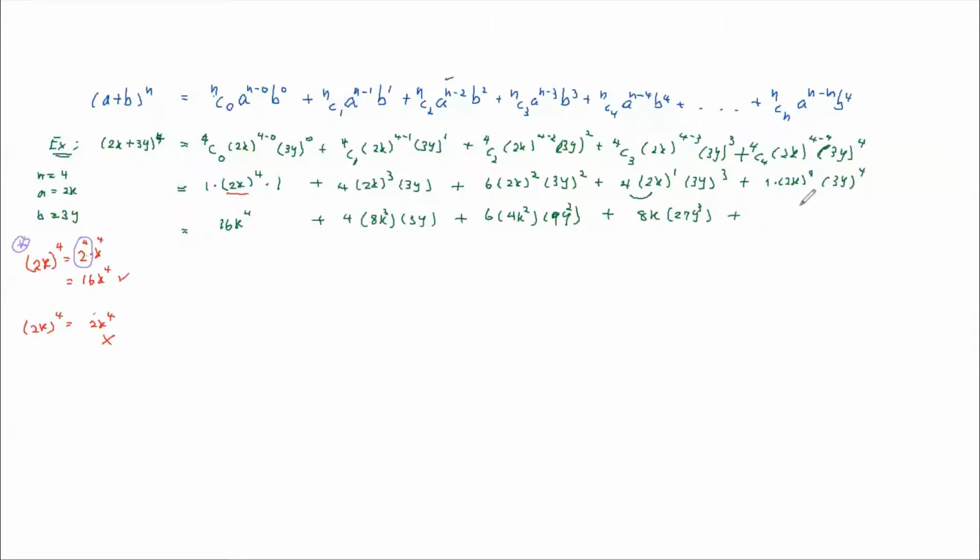Plus, okay, this 2x power 0, anything power 0 equal to 1, correct? So now you're going to have 1 times 3y power 4, and don't forget 3 power 4 equal to 81.